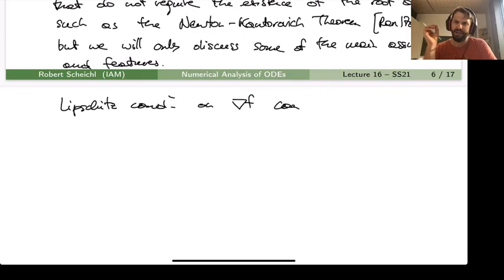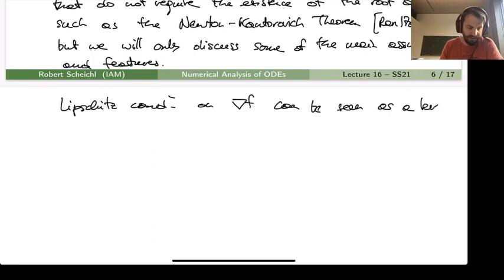If the function f was actually linear, then grad f would be the identity, and so you essentially would have the Lipschitz condition with L equals 1. So the Lipschitz condition can be seen as a level of deviation of f from being linear.